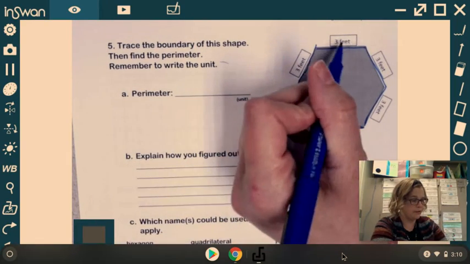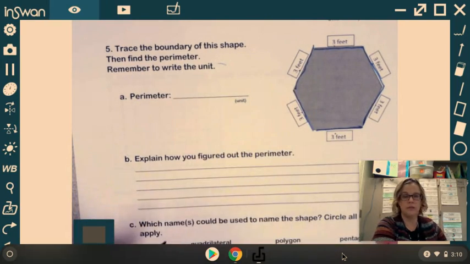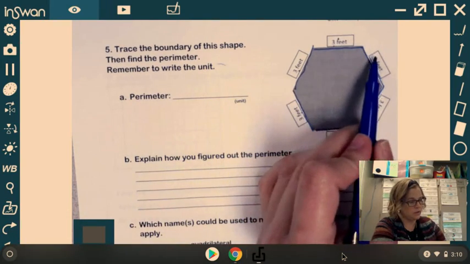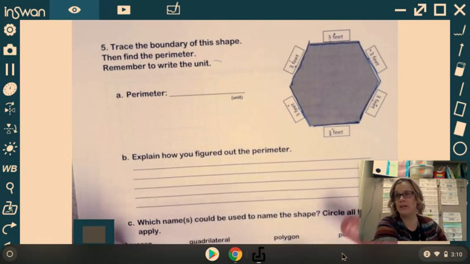So I have 3 feet, 3 feet, 3 feet, 3 feet, 3 feet, 3 feet. There's 1, 2, 3, 4, 5, 6 sides of 3 feet.